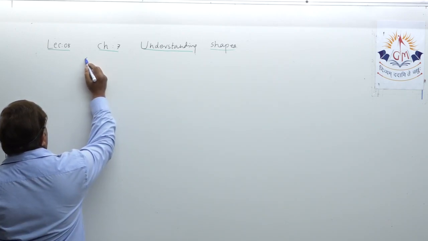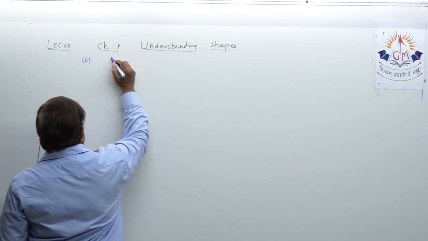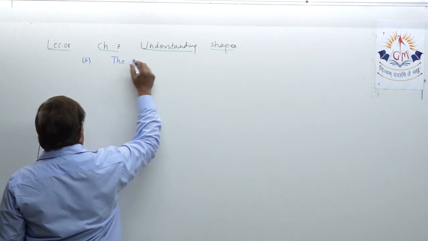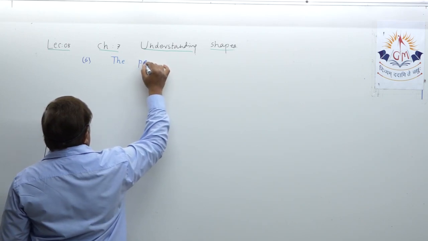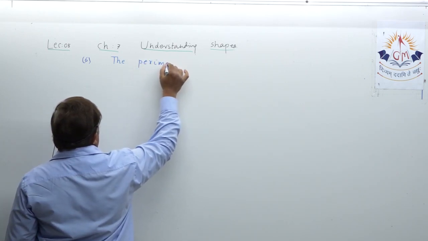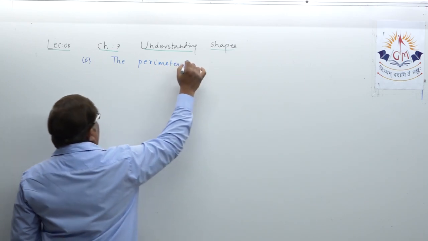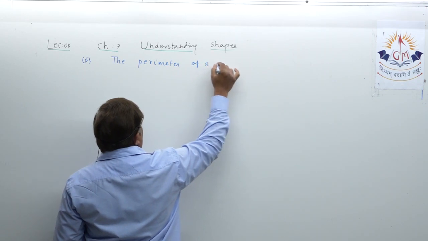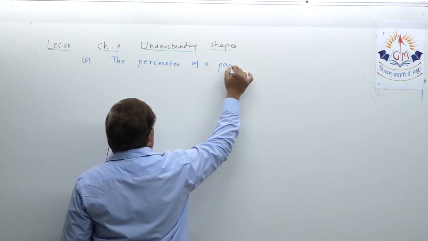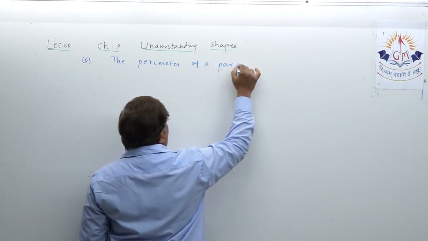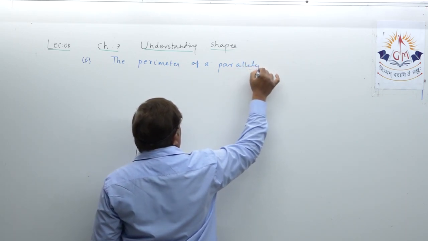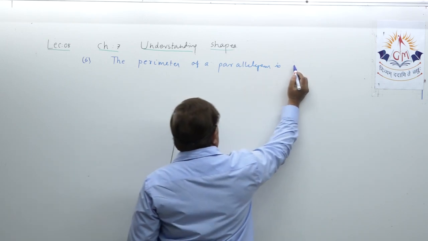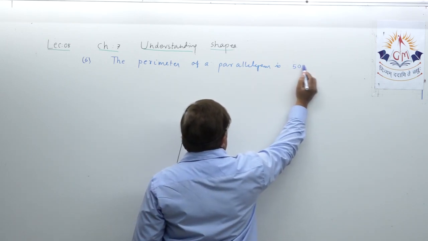Just write it down. Okay. The perimeter of a parallelogram is, suppose, 50 centimeter.